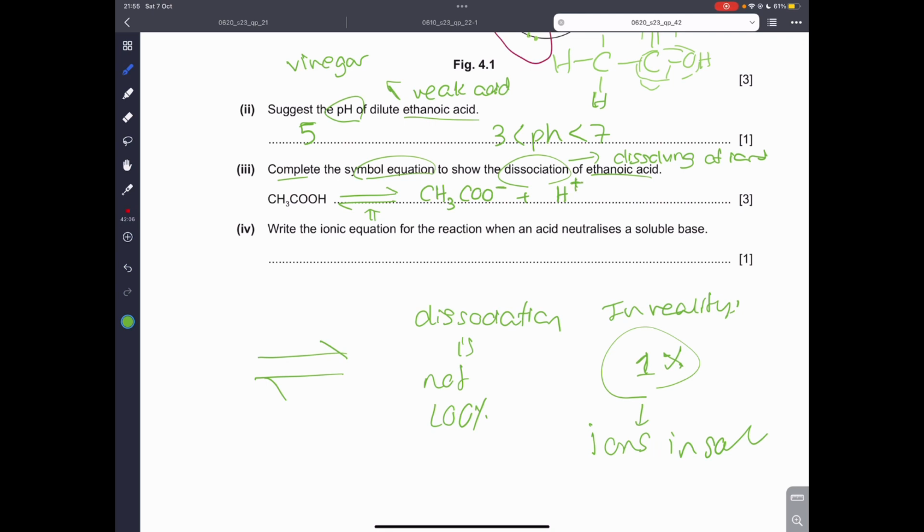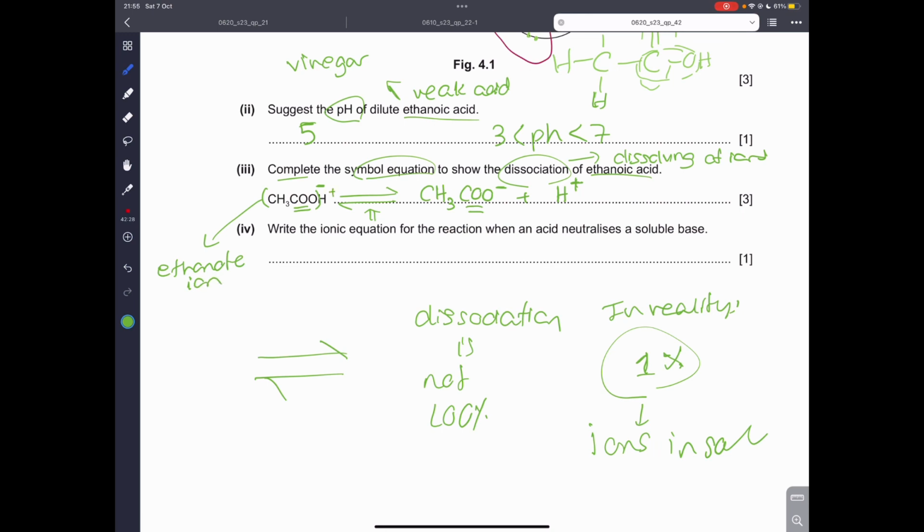Hydrogen is always positive, in most cases. And then the COO group is going to form a negative. So this is going to be an ethanoate ion, and hydrogen is going to be a positive ion, or a cation.